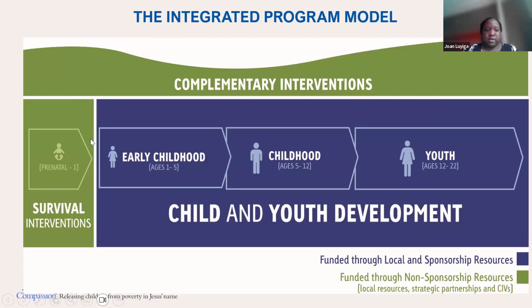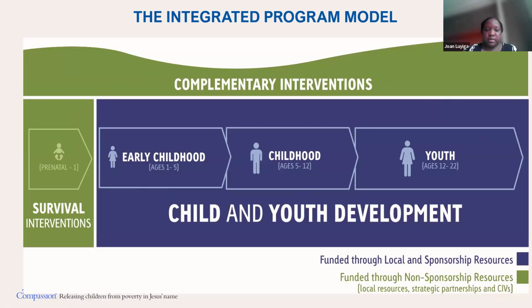There's the green and then there's the blue, as you can see here. So that is really to represent the funding types, ways in which a participant is supported as they're on the program. So we have the green, which represents what you can call complementary interventions.